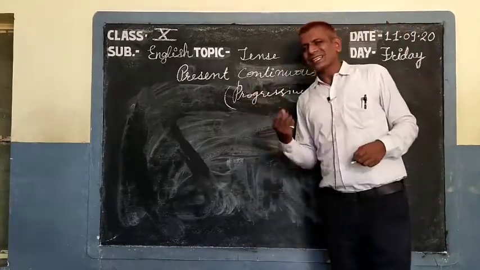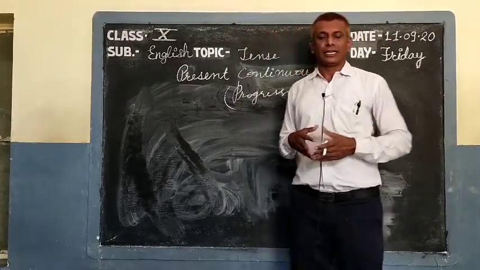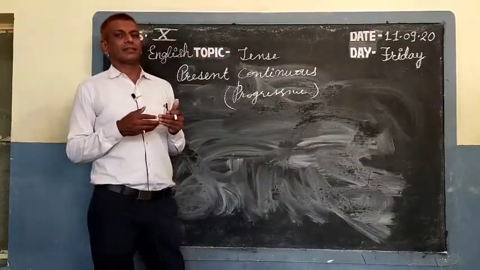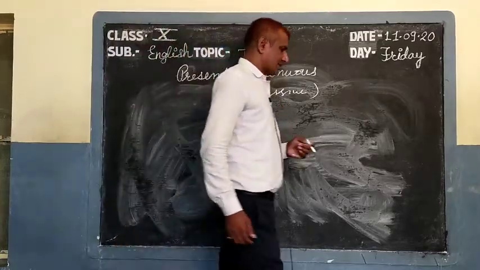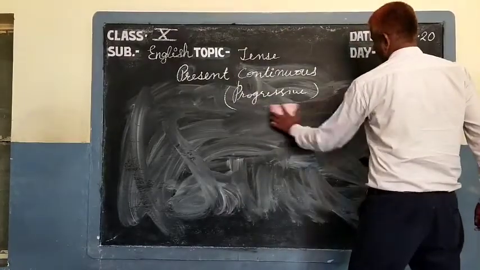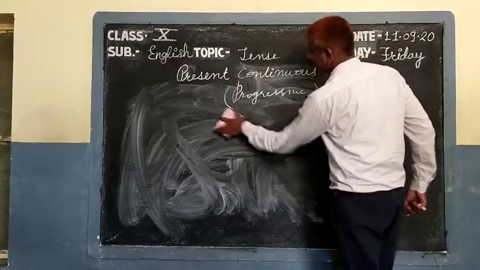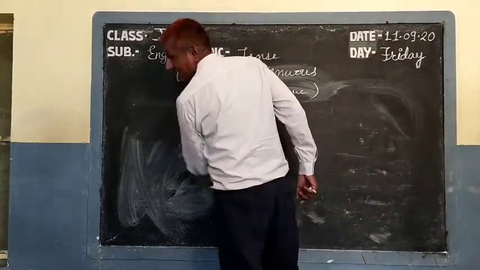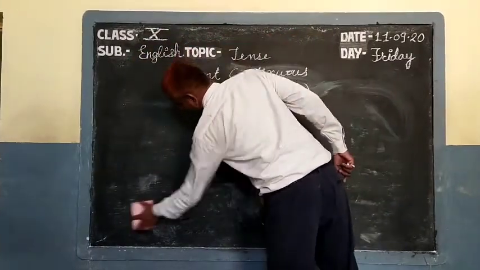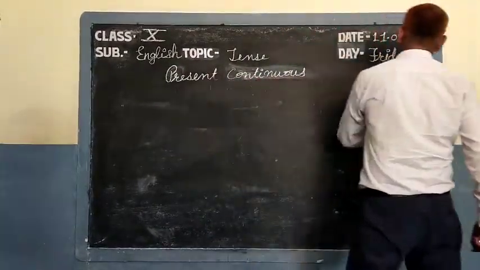Well, as this word tells continuous, means continuity, in present time continuity, or some progressiveness. So as the word tells continuity, with the name you can understand that a sentence in that some continuity is going on, that comes in the present continuous or present progressive tense.